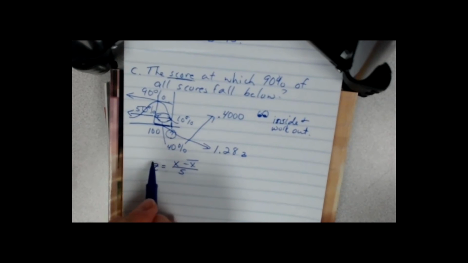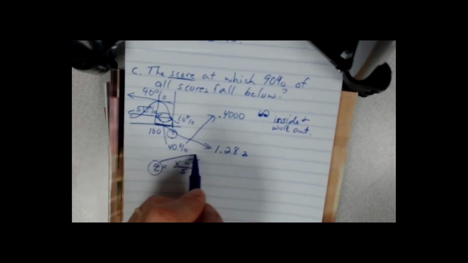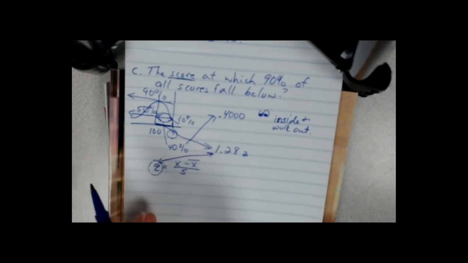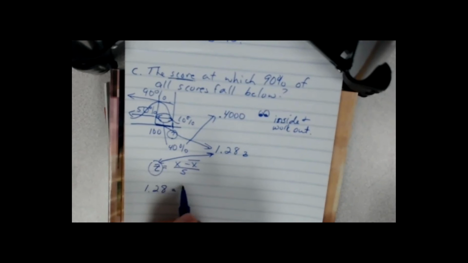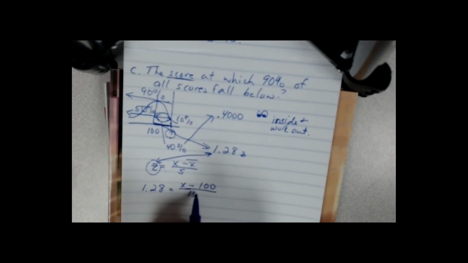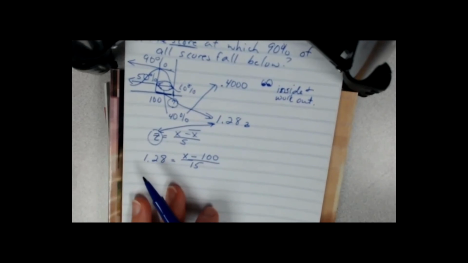But this time, the number that I found goes over here. So I now have 1.28 is equal to x, which remains my unknown, minus 100 divided by 15. Our mean and our standard deviation are getting plugged into the formula.